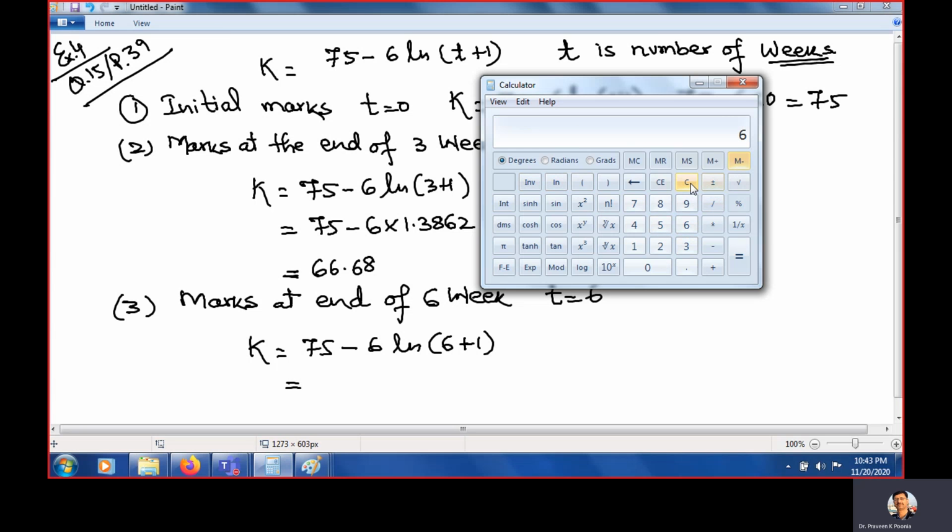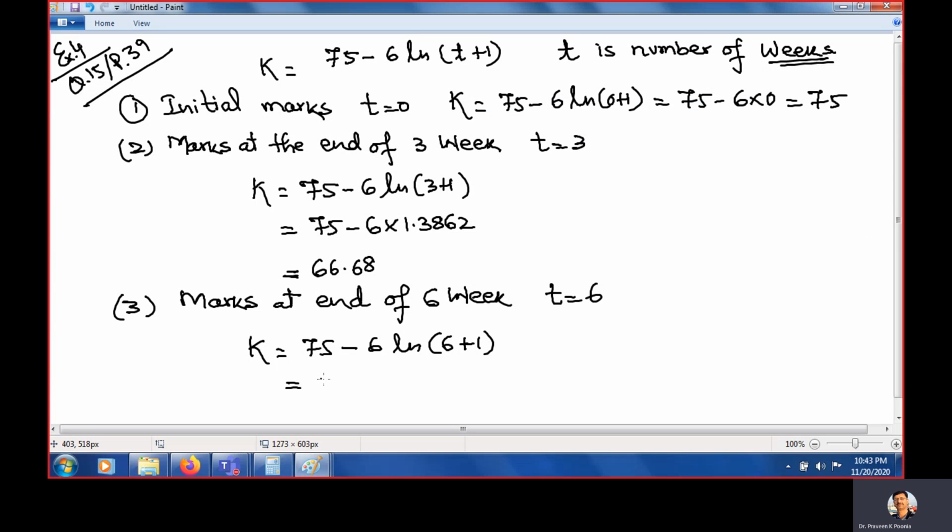Make this negative because here is a negative sign, plus 75. What is the answer? 63.32. I am not doing anything here, just writing the answer directly. So this can be done with the help of a calculator.